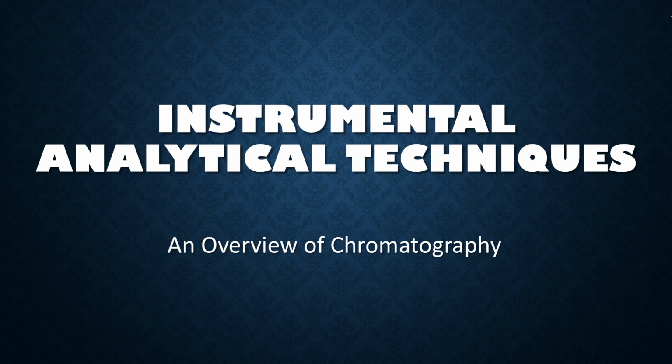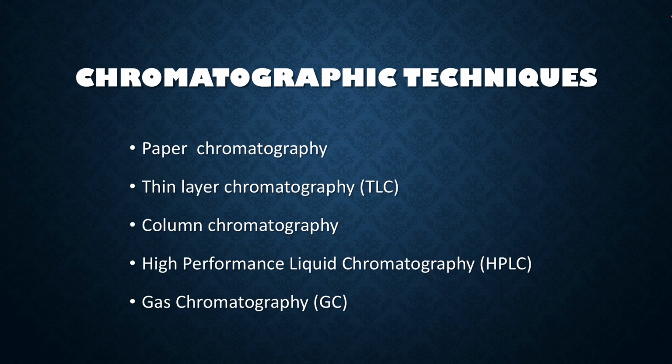In this video, I'm going to talk about chromatography, which is an instrumental analytical technique and a part of Unit 3, Area of Study 1 in Year 12 Chemistry. There are 5 different types of chromatographic techniques: paper chromatography, thin layer chromatography, column chromatography, high performance liquid chromatography, and gas chromatography.